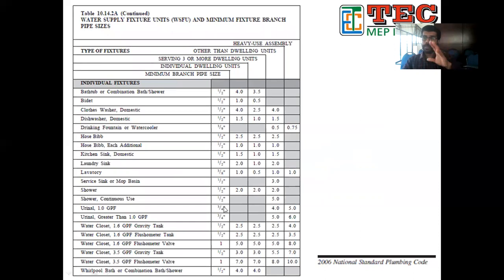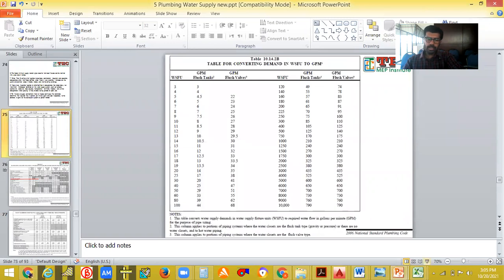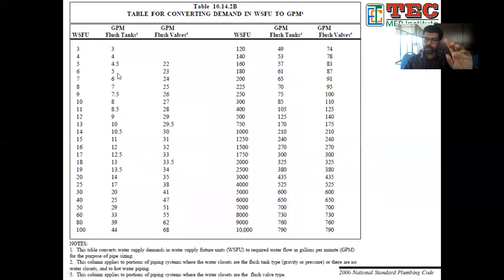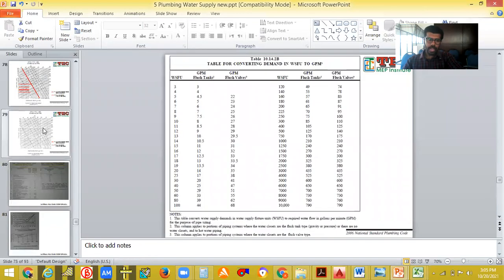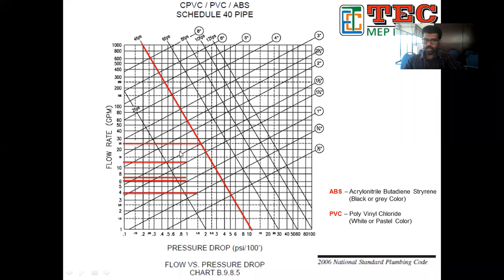When it comes to the main pipe, you have to add the fixture units. If you get the fixture units, then go to this table and find the GPM with respect to that WSFU that you got. Then you go to the graph and find the answer, with respect to the velocity and the flow rate.